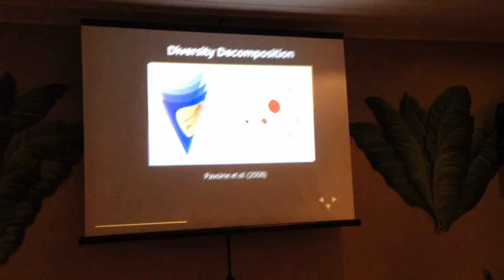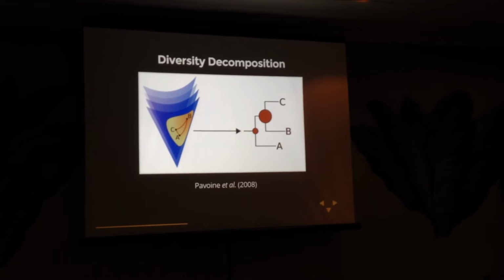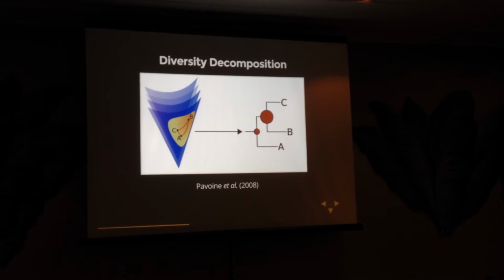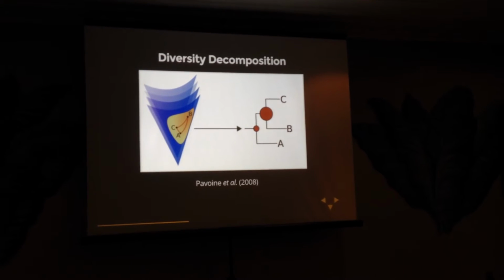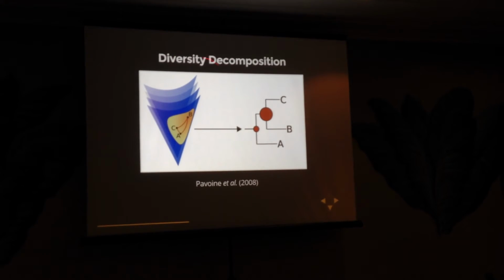Okay, so moving on. First of all, how do we estimate changes in covariance structure? We used a covariance matrix diversity decomposition over the phylogeny. So here is the space where matrices lie.